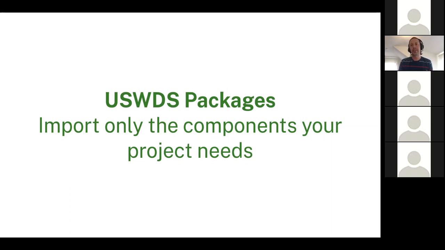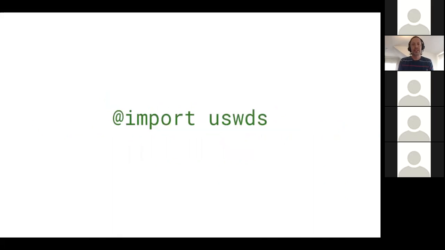This is something that will allow you, through the mechanism of our Sass import process, to import only the components that your project needs. This is the way you typically import the design system now through Sass. You use this directive called import USWDS, and it looks into the source code and pulls out everything that the design system needs to run.